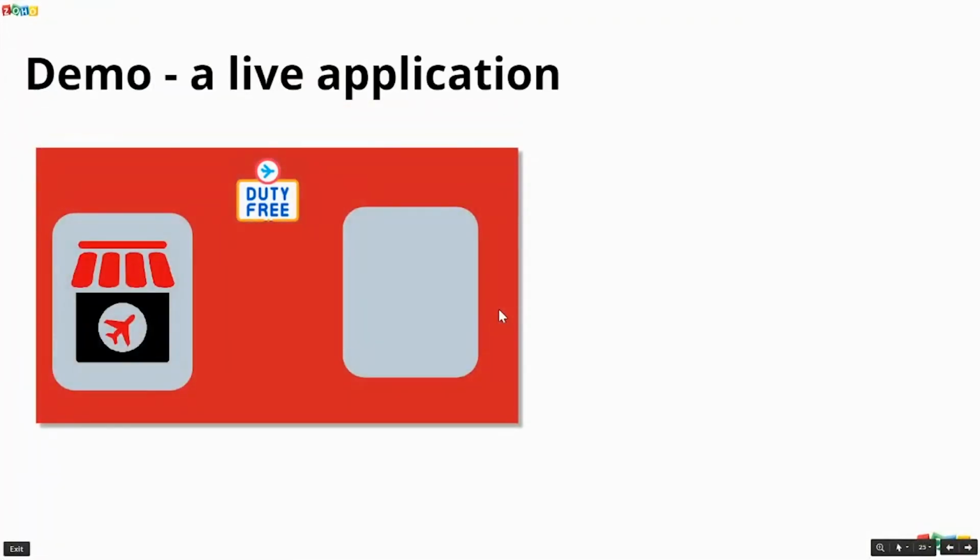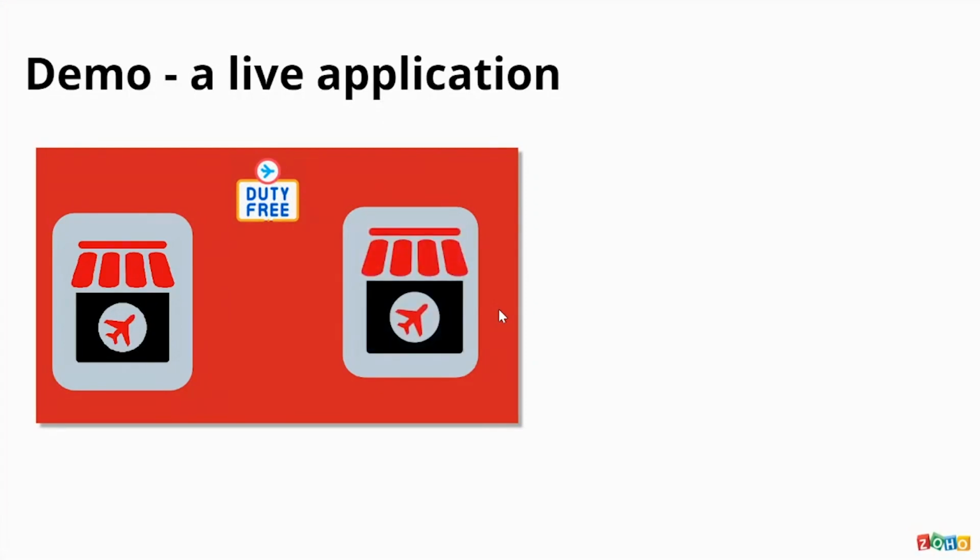So coming to the next part, that is the live application that we've built in Creator. Till now, we've been looking into the concept of subform and lookup. So in this application, let's see how efficiently and effectively it can be used. For this demonstration, we have taken the airport duty free shop as an example.